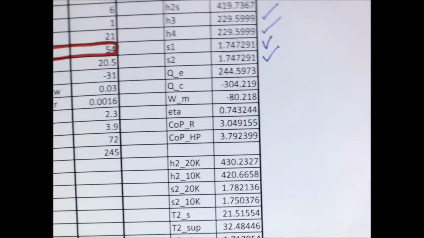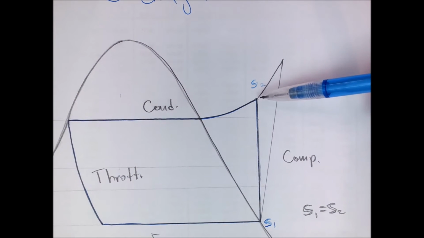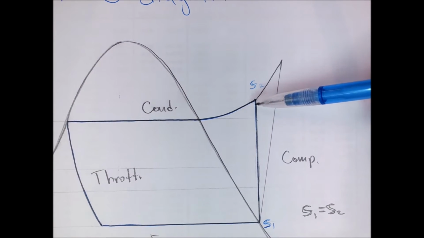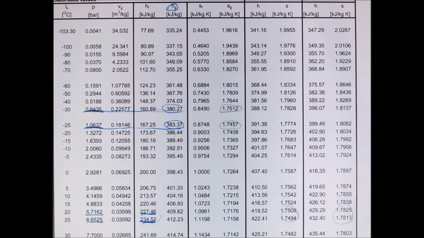So we know that the entropy at S1 right here is 1.747. Now what we can also see in this diagram is that S2 is superheated. That means that it is not going to be trivial to calculate its properties.